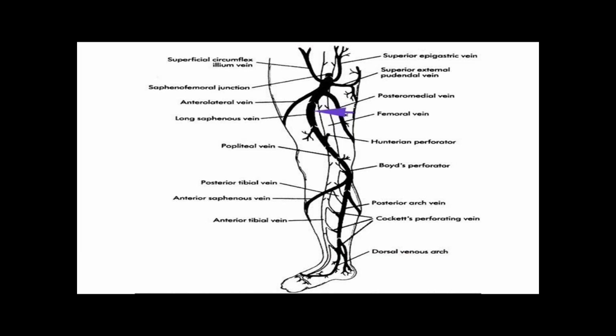These are the constant perforators. This is the Hunterian perforator in the lower third of the thigh, and Boyd's perforator, the gastrocnemius perforator, and all these three Cockett perforating veins are the lateral leg perforators, and the others are the ankle perforators named by Mayo and Kuster.